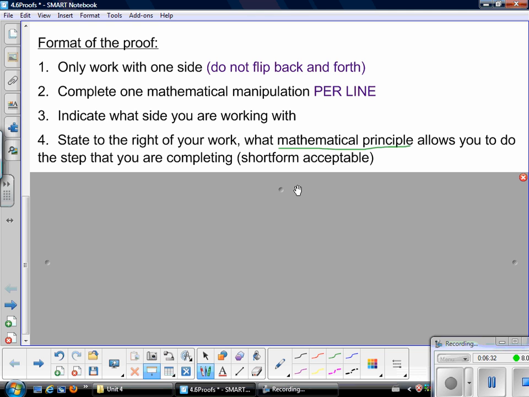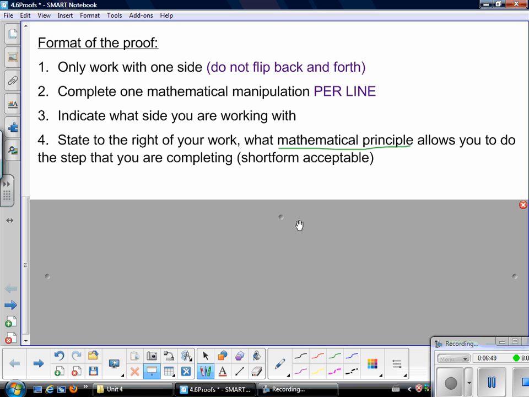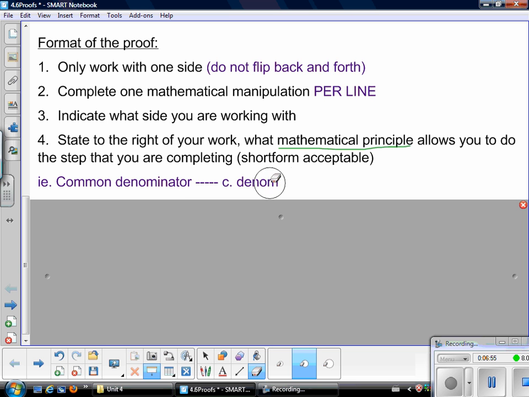It might be factoring. So that's the mathematical principle that you would write down. Or it could be that you're substituting a Pythagorean identity for what you have. Okay, so that's the mathematical principle that you need to put. Now, short forms are acceptable. Okay, so example, if I'm finding a common denominator, it's fine if you put C denominator or something along that way so that we know exactly what you're doing.